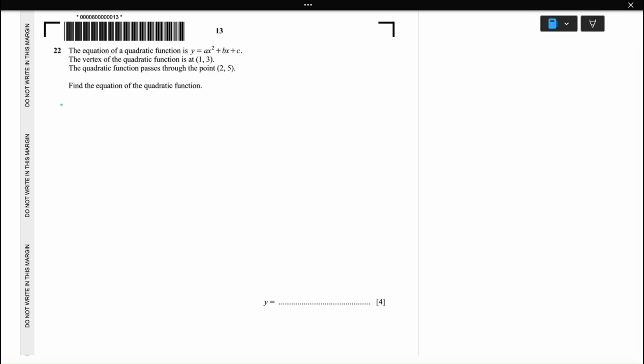Because the vertex is given, we use the vertex form: y equals a times x minus h whole square plus k, where the vertex is h comma k. So I'll substitute here: y equals a of x minus 1 whole square plus 3.